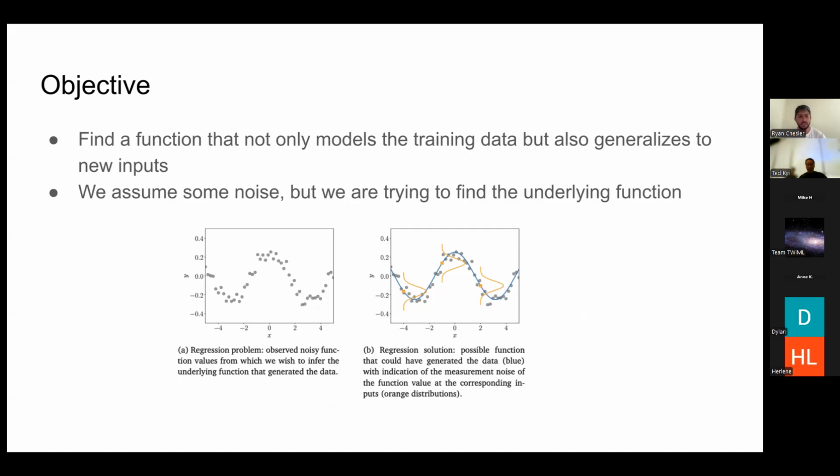Just talking a little bit about our objective here, what we're really trying to do is find a function that doesn't only model the training data. We're also trying to find something that generalizes to new inputs. Linear regression is a great tool for doing that.